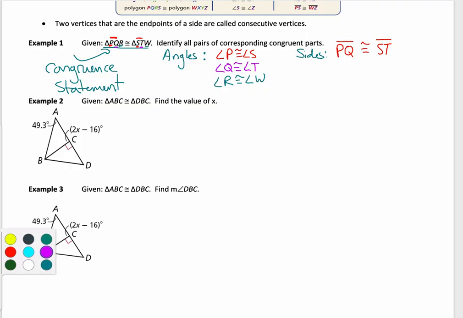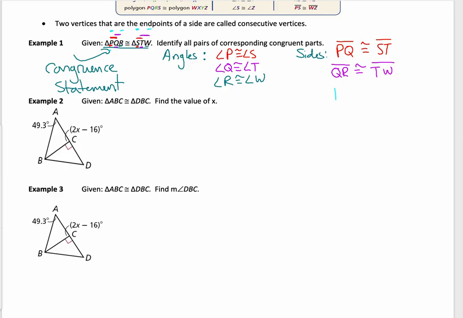Second segment, I've got QR, right? And that matches up with TW. So I would say segment QR is congruent to segment TW. And then the last one is a little bit harder to see. It's the first and last letters. You can't really identify it quite as easily, but it's PR, I guess, and SW, right? It's kind of like wrapping around.